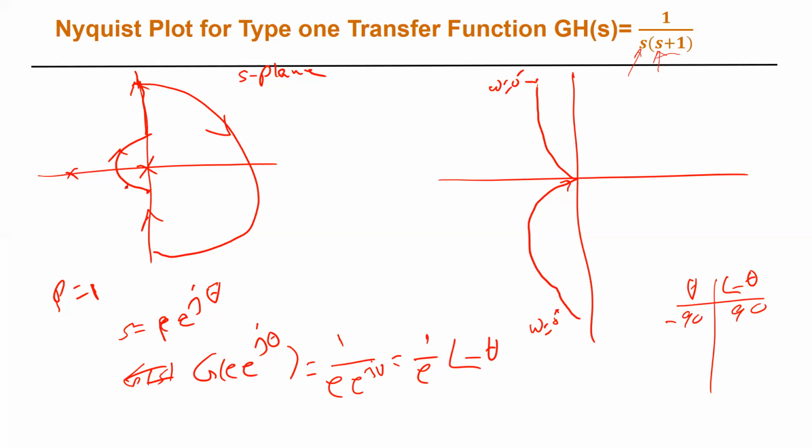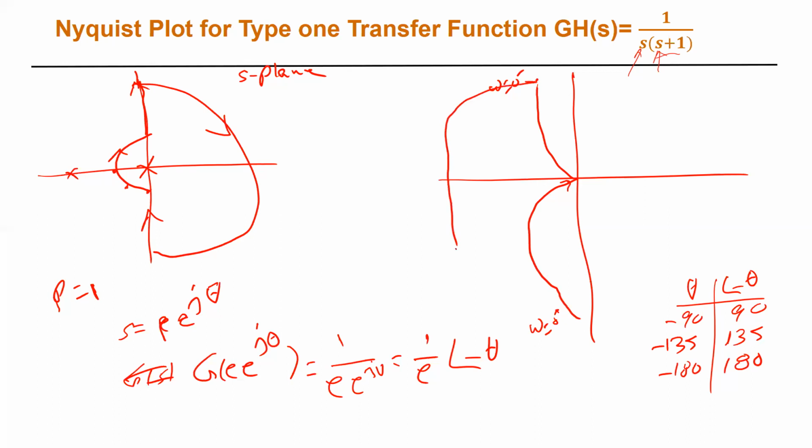Minus 135. So this will be 135. If I am here at this point, what does it correspond to? Minus 180. And this is 180. So look, now I'm moving in this direction.